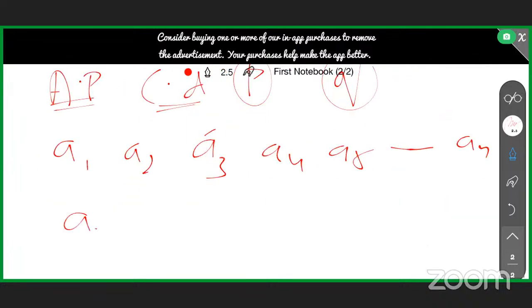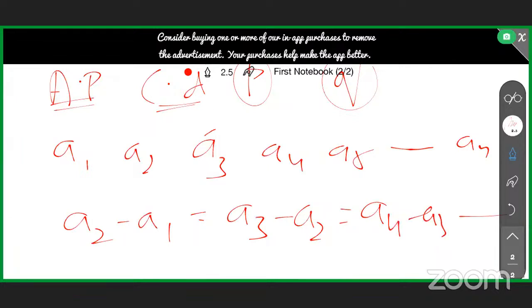That is, A2 minus A1 should be equal to A3 minus A2, which is equal to A4 minus A3, and it goes on. If I take the difference of consecutive terms, it should be constant. That is the underlying factor of a common difference.